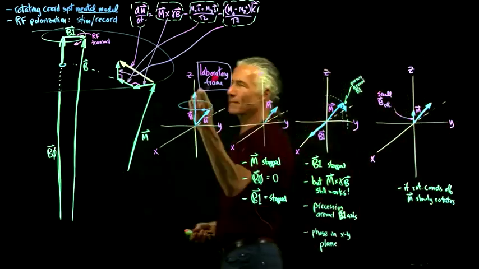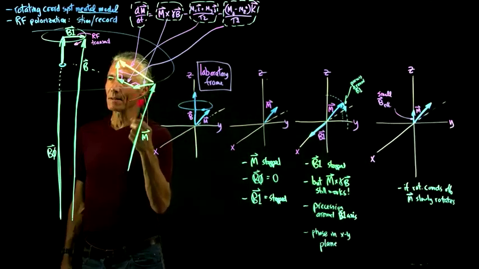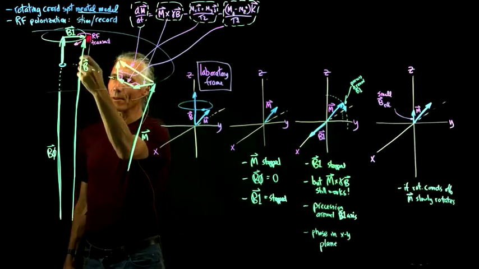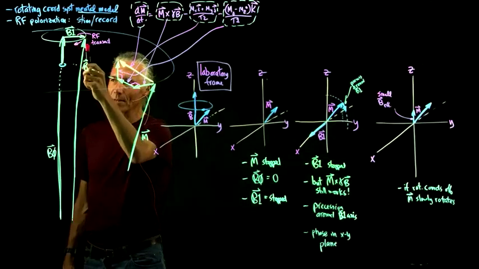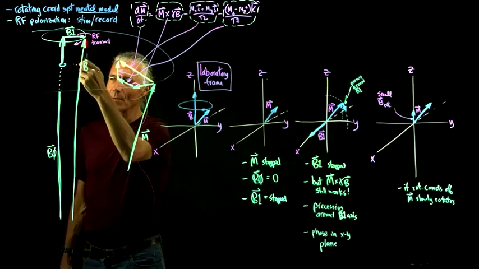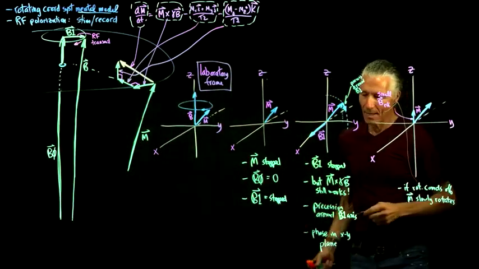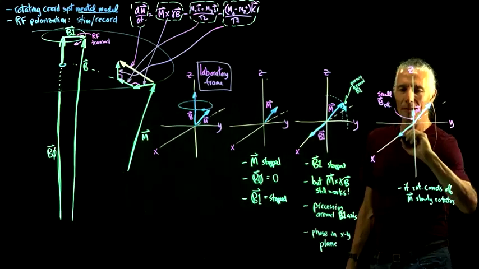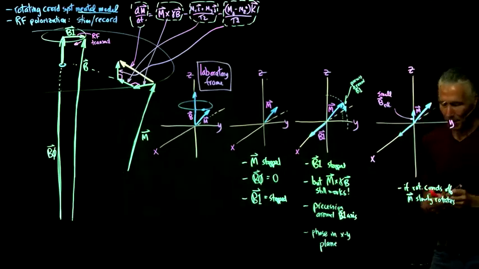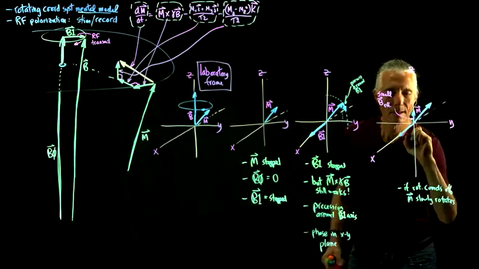So this guy's going around at a given frequency, and we're stimulating with a B1 frequency that's different, and we're setting the rotating coordinate system to what we're stimulating at. So our B1 is going to be stopped. So there's our B1 vector.